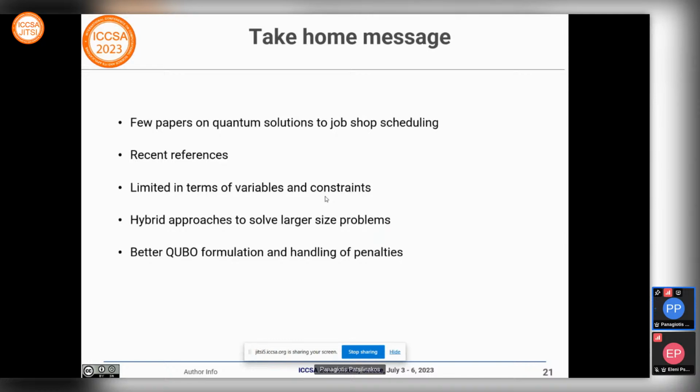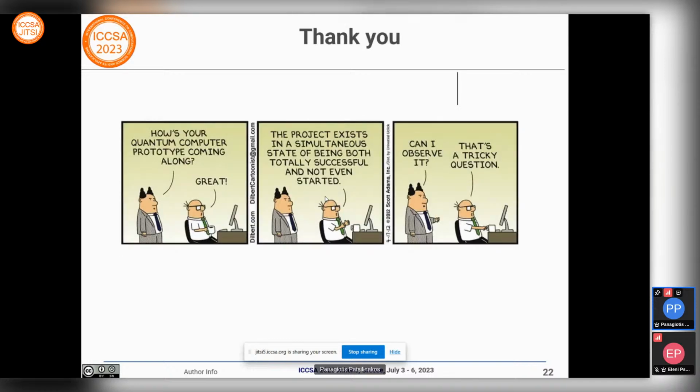The hybrid approaches seem to be a good way to tackle larger size problems. And yeah, we are working now on better QUBO formulations and a better way to handle the penalties in the objective function. And thank you for your attention.